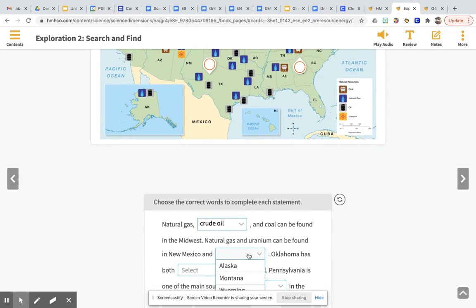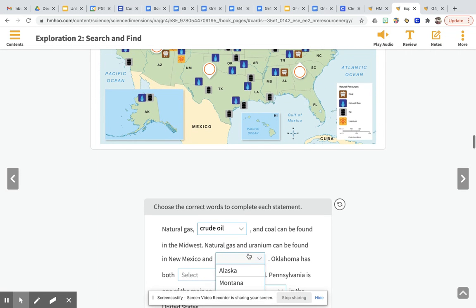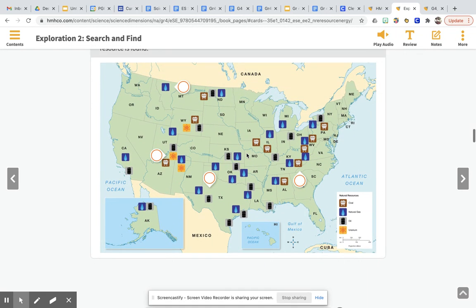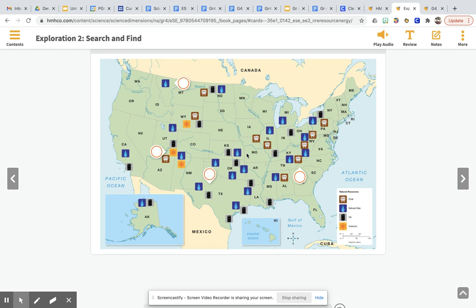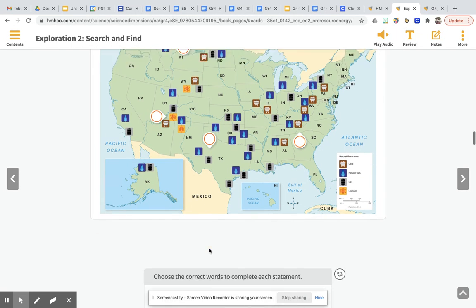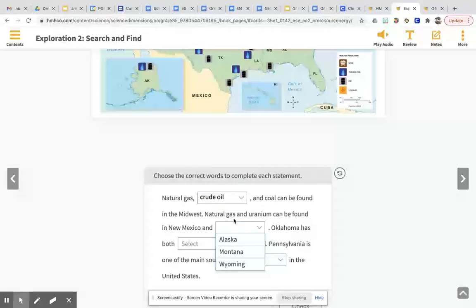What were our other choices? Alaska, Montana, and Wyoming. So Montana, guys, is where on our map? There's Montana. And then we have Wyoming, which is located right here. And so which of those has natural gas and uranium? That's right, it's Wyoming.